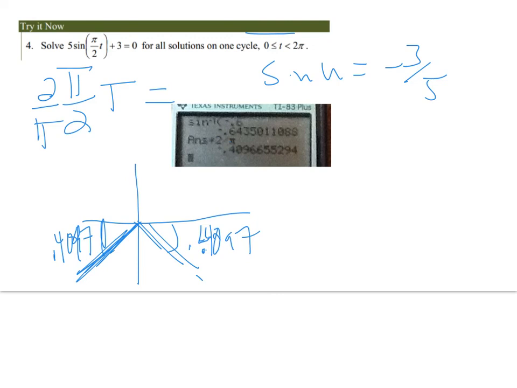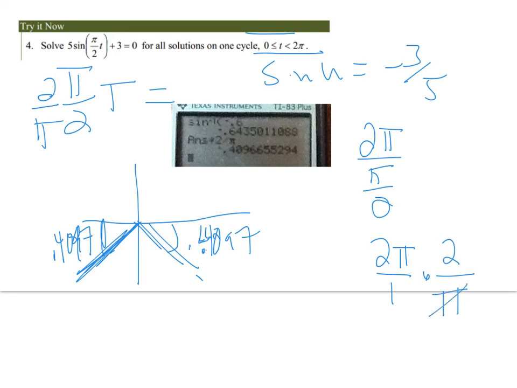And then we've got to figure out the angle between 0 and 2 pi. Well, the period for this graph is going to be 2 pi divided by pi over 2. So 2 pi over 1 times 2 over pi is going to be a period of 4.